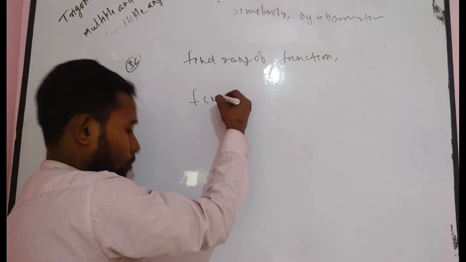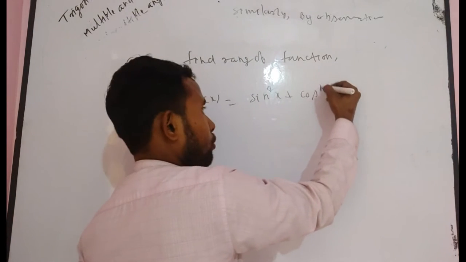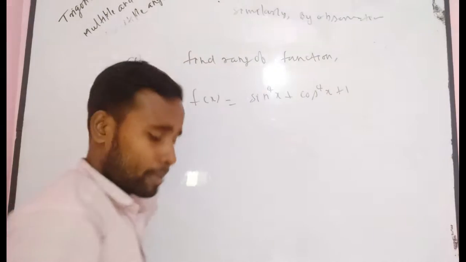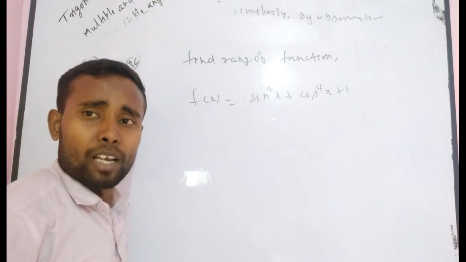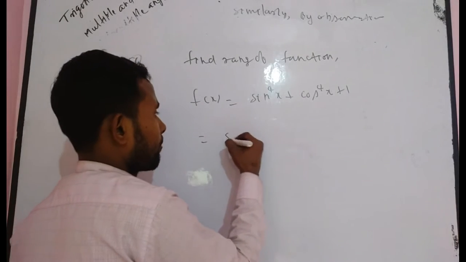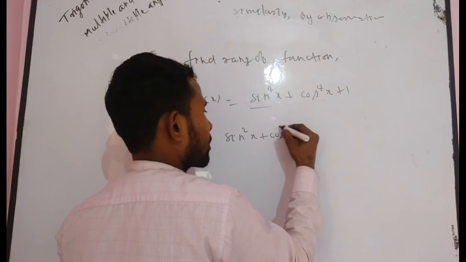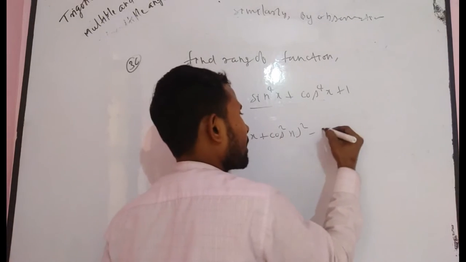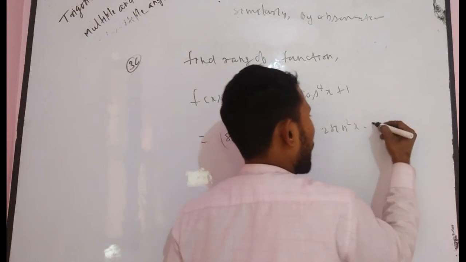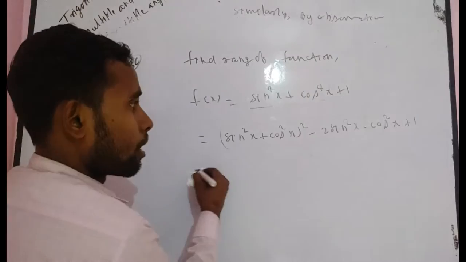If f(x) is equal to sin x to the power 4 plus cos x to the power 4 plus 1, how can you solve it? It is also very easy for you. Now I want to tell you how you can solve this problem. Firstly, you can write it as (sin square x plus cos square x) whole square minus 2 sin square x into cos square x plus 1. I think you understand that.